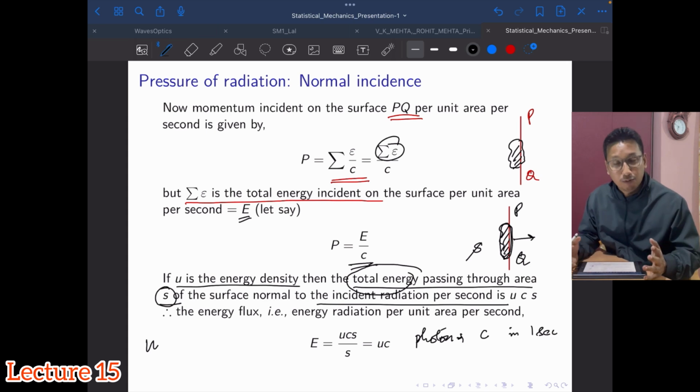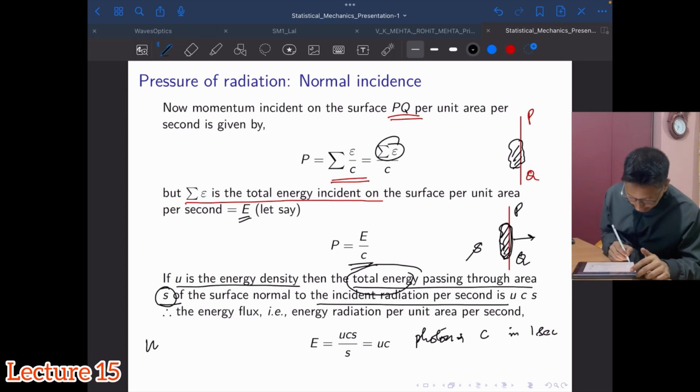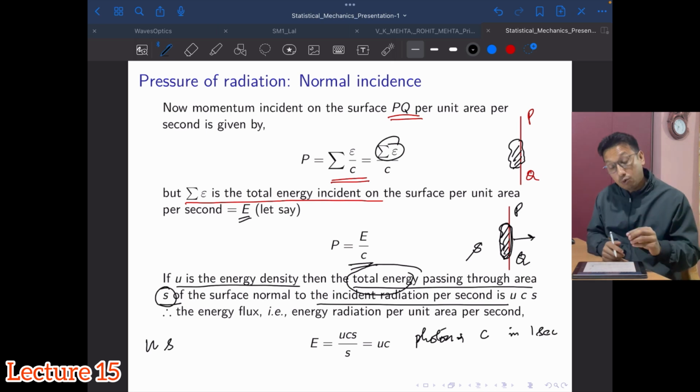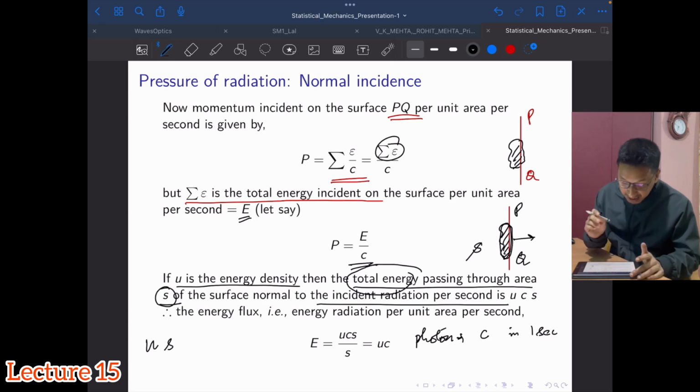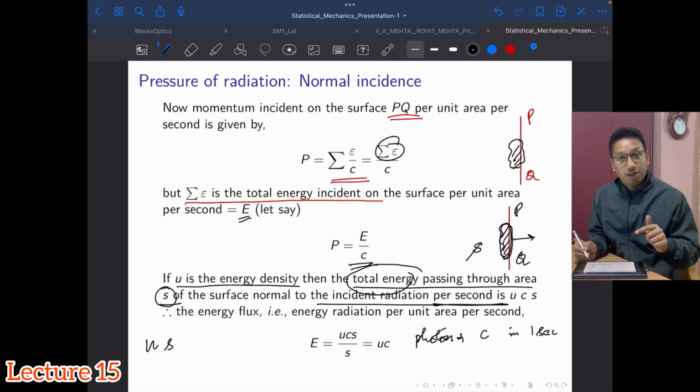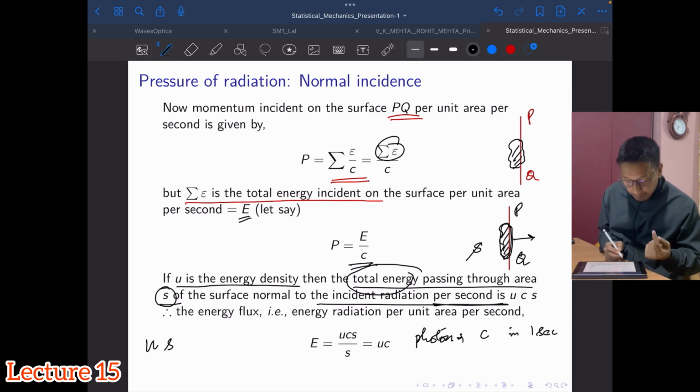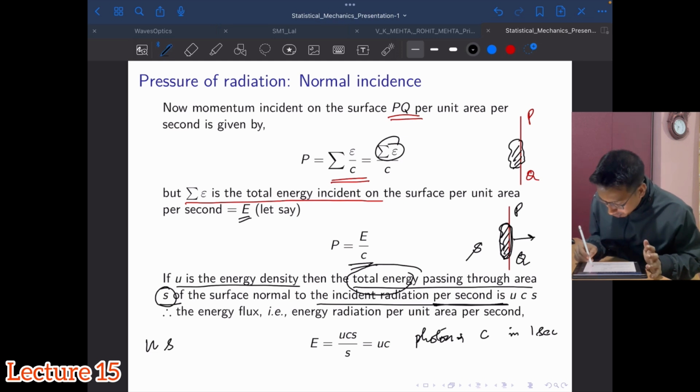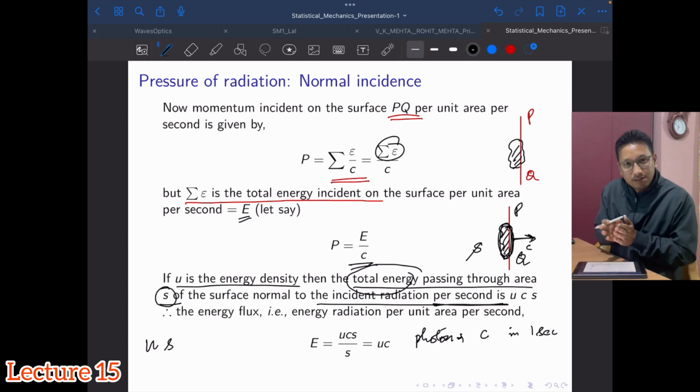The area is S, so I have to multiply by S. I want to calculate the total energy passing through the area S that I have considered on this surface PQ, per second. In 1 second, the distance covered by the photon is C, so that is the height in this case. The base is my area, and C is the distance covered in the direction of propagation of the radiation, isn't it?